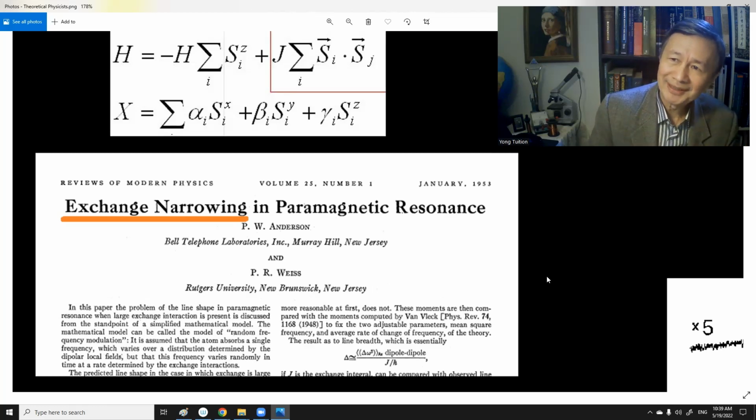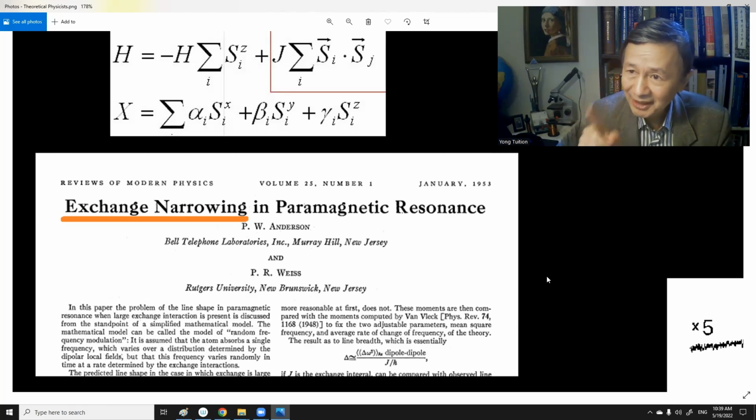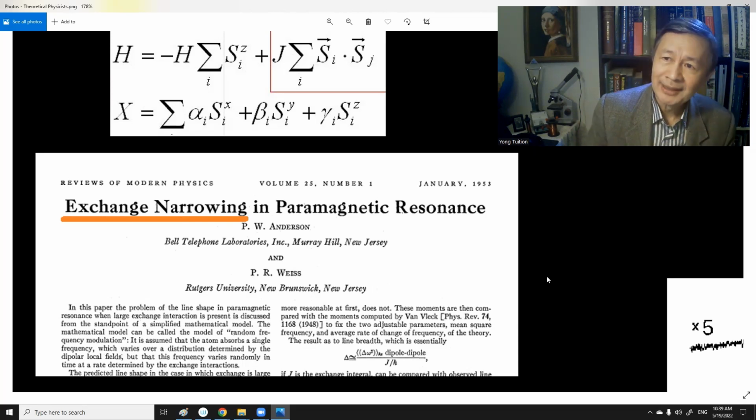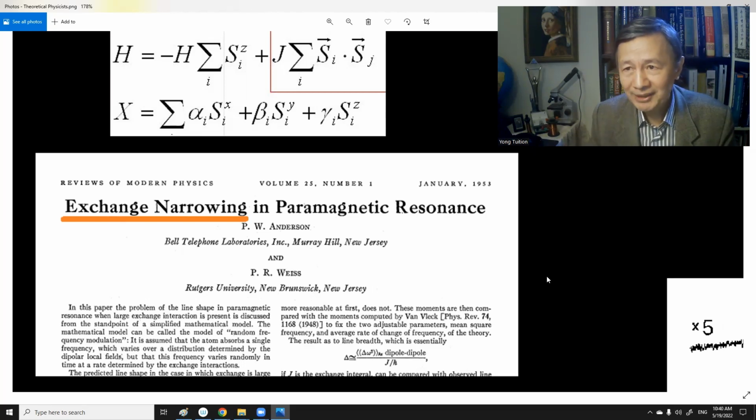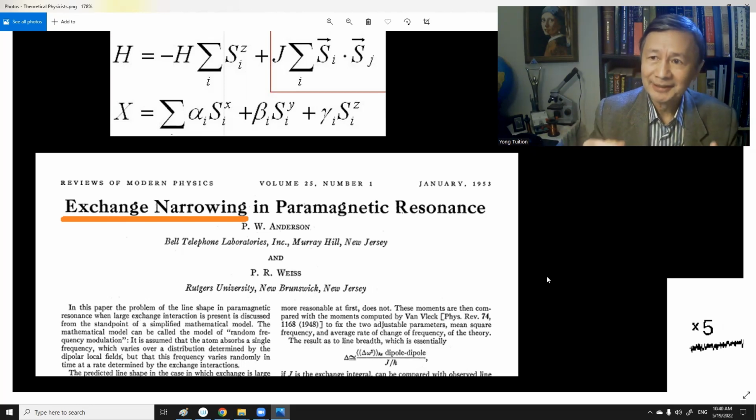Exchange narrowing. Exchange is a key word in building the standard model, because every fundamental interaction in the standard model is described by such an exchange force, in which the particle, the boson, mediates the interaction.